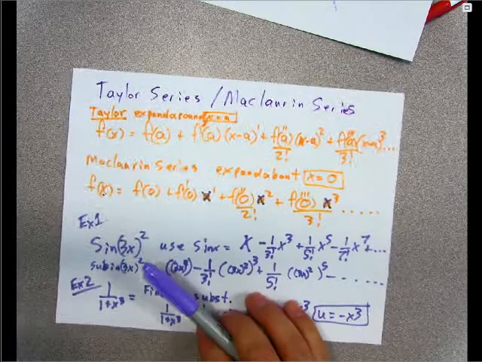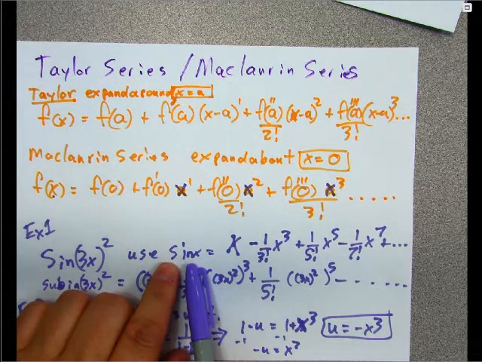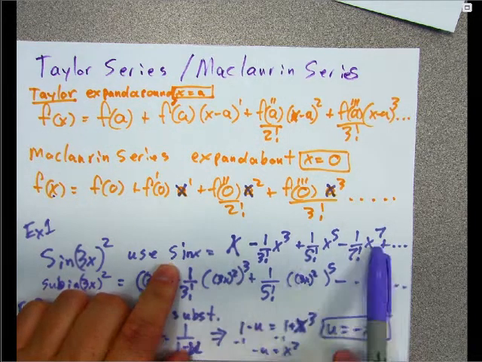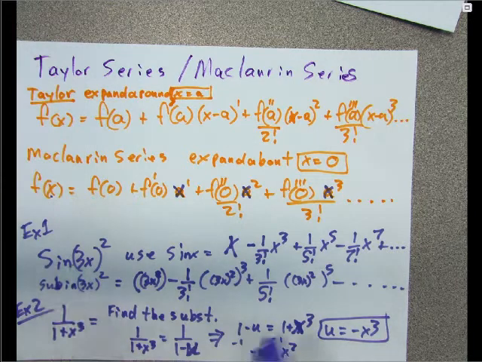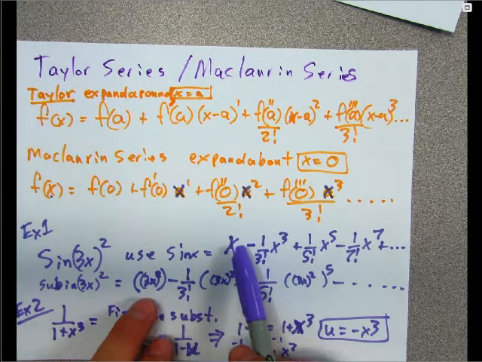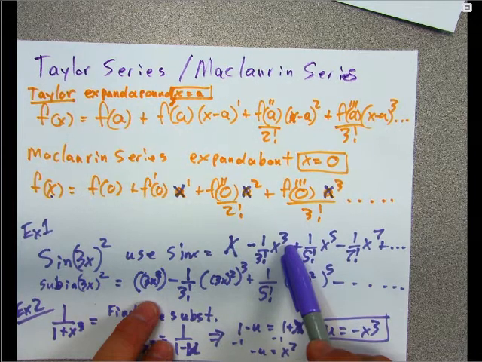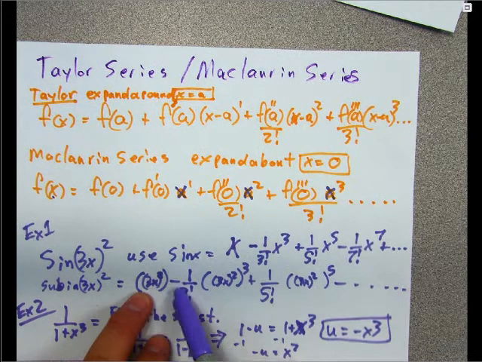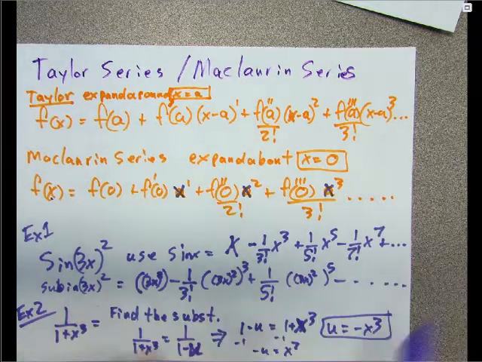So to find the sine of 3x squared, I'm going to use the standard form of sine x, write out the standard form right from our standard forms, except now I'm going to substitute 3x, the quantity squared, in everywhere I see x. So instead of x minus 1 over 3 factorial x cubed, it's 3x squared minus 1 over 3 factorial 3x squared cubed, and substitute it in.